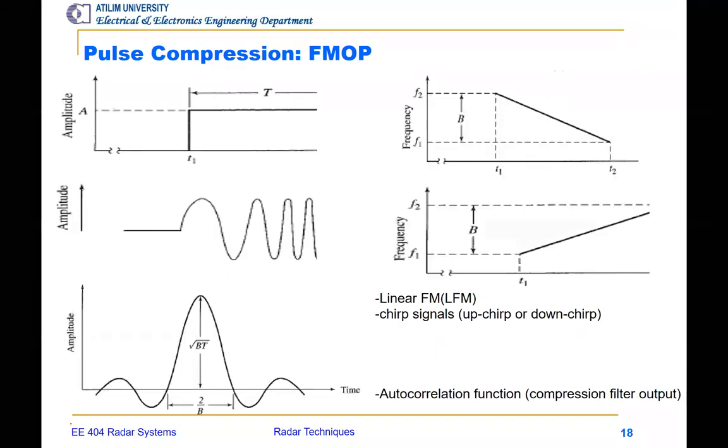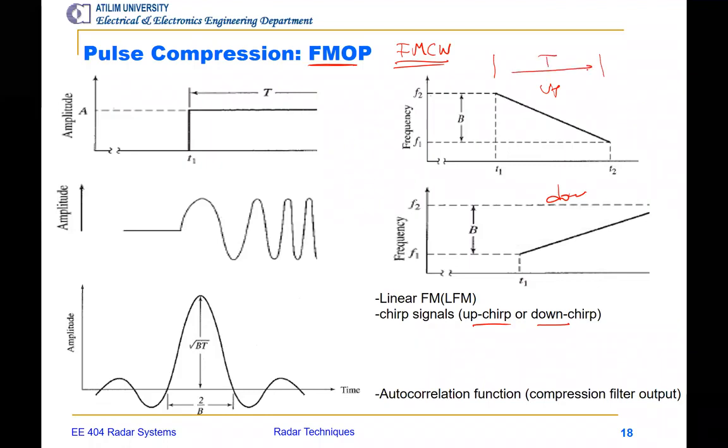Here are several illustrations regarding FMOP, frequency modulation on pulse. Actually, you have already studied this as FMCW radar. That's a chirp signal, simply up chirp or down chirp. Here is up chirp, here is down chirp. Let's take this as the long pulse we are talking about.